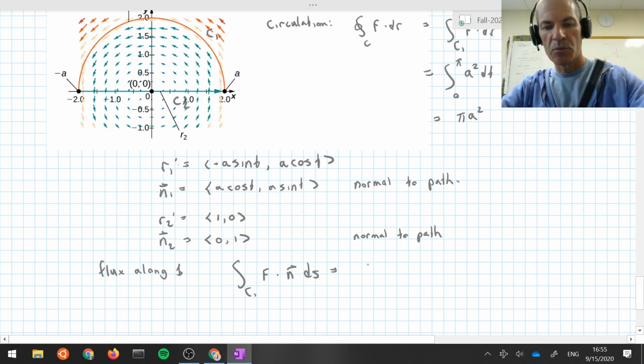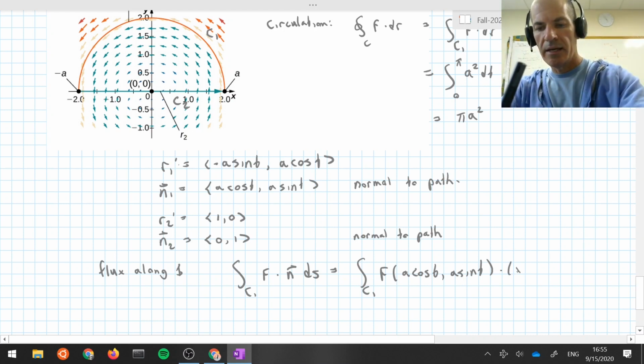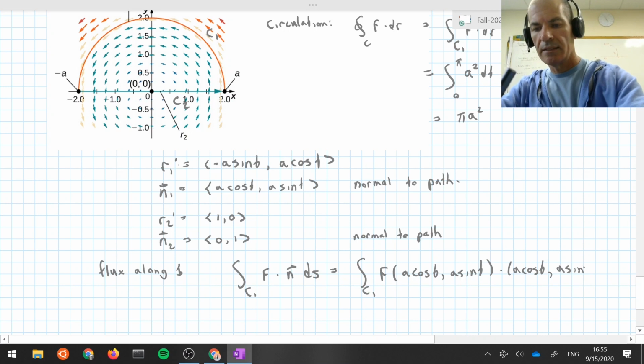And that happens to work out to be the integral along C1 of f along the path, so f of a cosine t, a sine t, dotted with the normal vector, in this case a cosine t, a sine t, and then dt, like that.